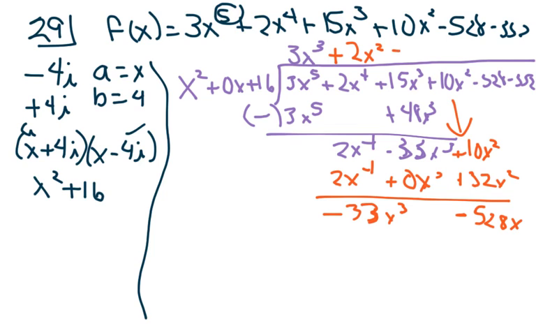So the next one's going to be minus 33x, and that's going to give us plus 22x squared. So you get minus 33x cubed, and then minus 528x.